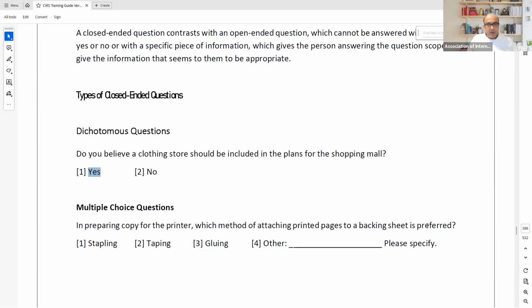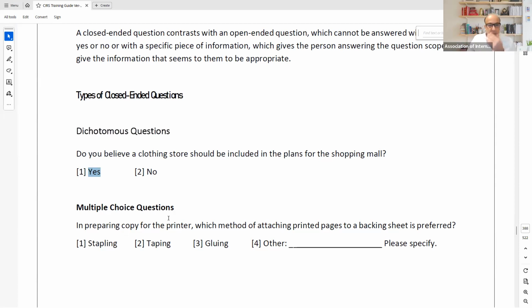This is how we begin the questionnaire. You start with a dichotomous question so that, based on yes or no, you can lead the rest of the survey questions. Then the multiple choice questions, which is straightforward multiple choice, in preparing copy for the printer as an example.